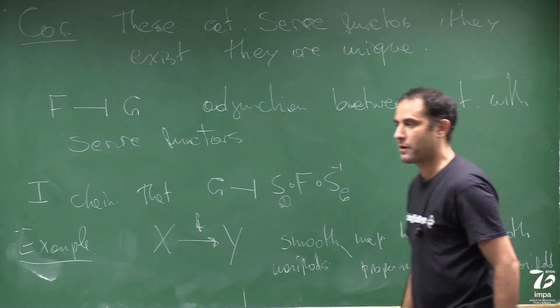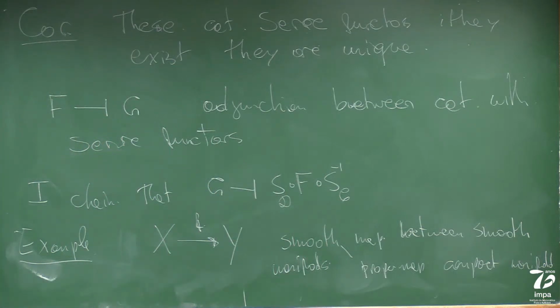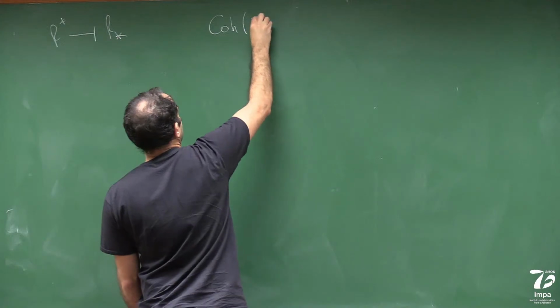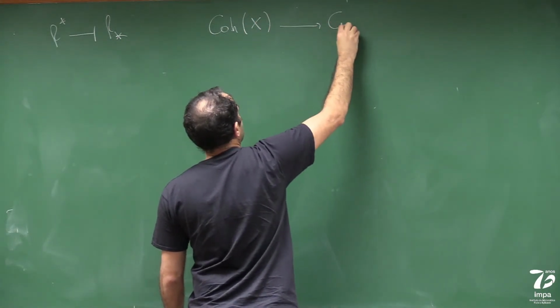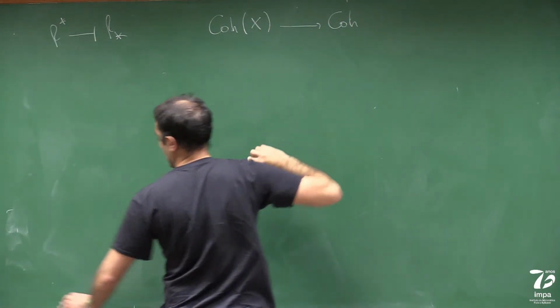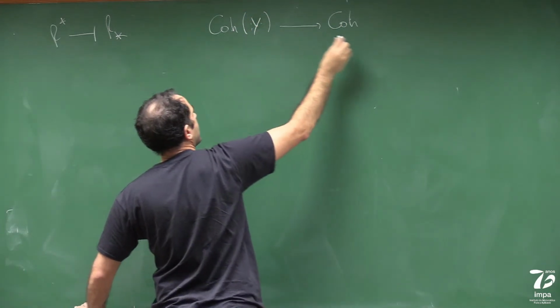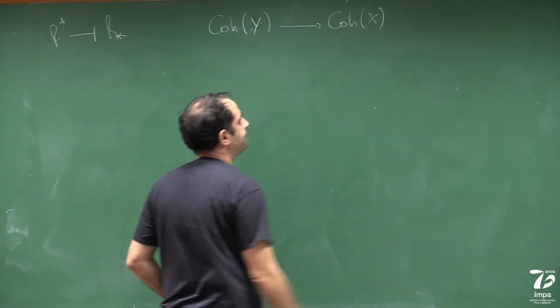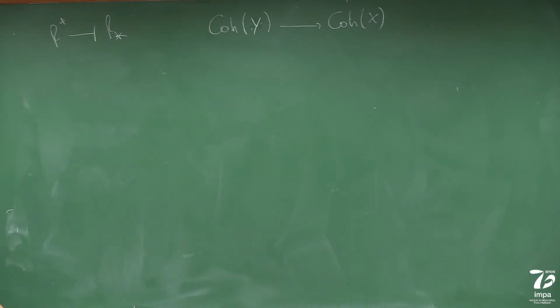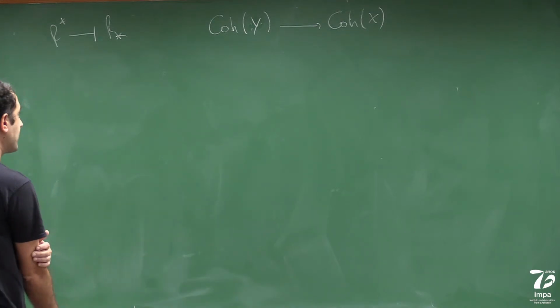So that the push forward of a coherent sheaf is actually coherent on the other manifold. So if you look at coherent sheaves on X to coherent sheaves, I guess I'm doing this from Y to X. So we have the pullback and the push forward between these two guys. Yeah, by manifold I mean finite dimensional guys.